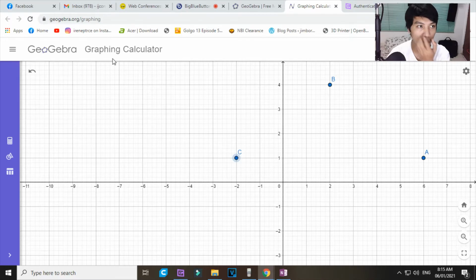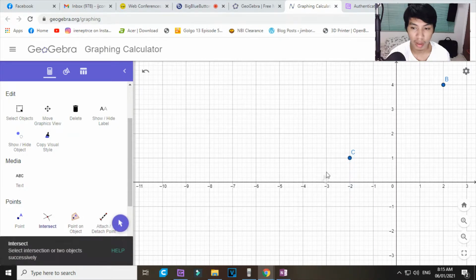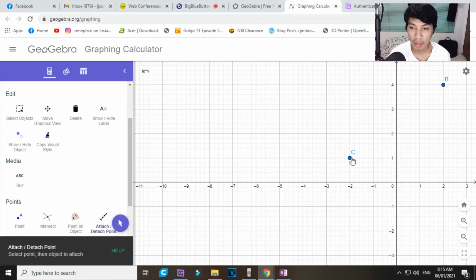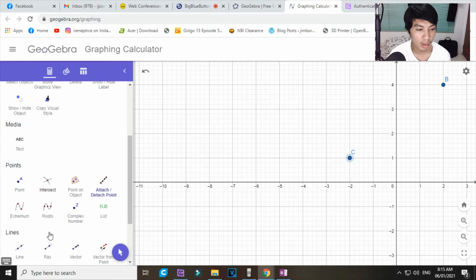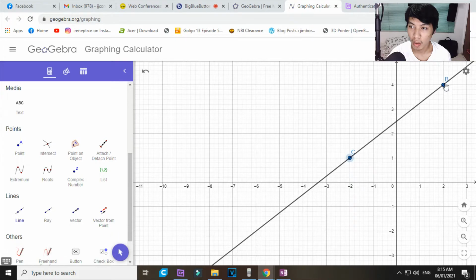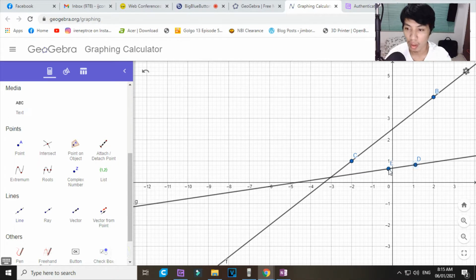Yan. So, we will connect the points. Okay? We'll connect the points. Yan line, to here. Then, ayan na.